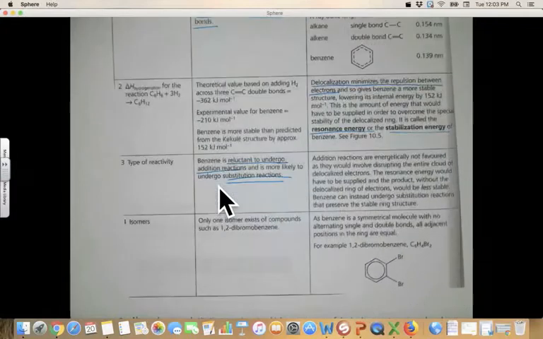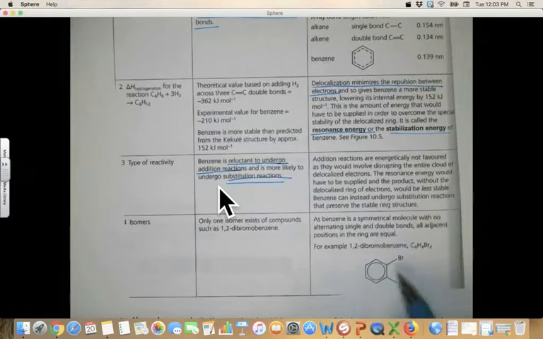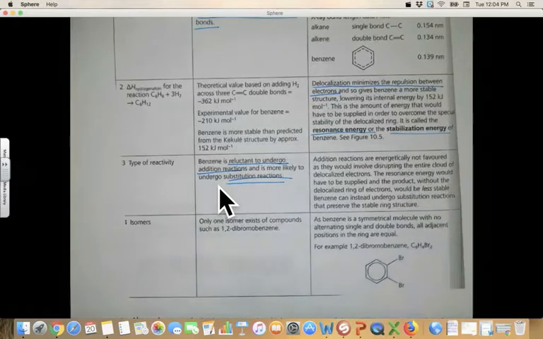And lastly, if you have something like 1,2-dibromobenzene, you could rotate this clockwise or counterclockwise all over the molecule, but all adjacent positions in the ring are equal. And so there's limited isomers, which again suggests this ring structure with the delocalized electrons.